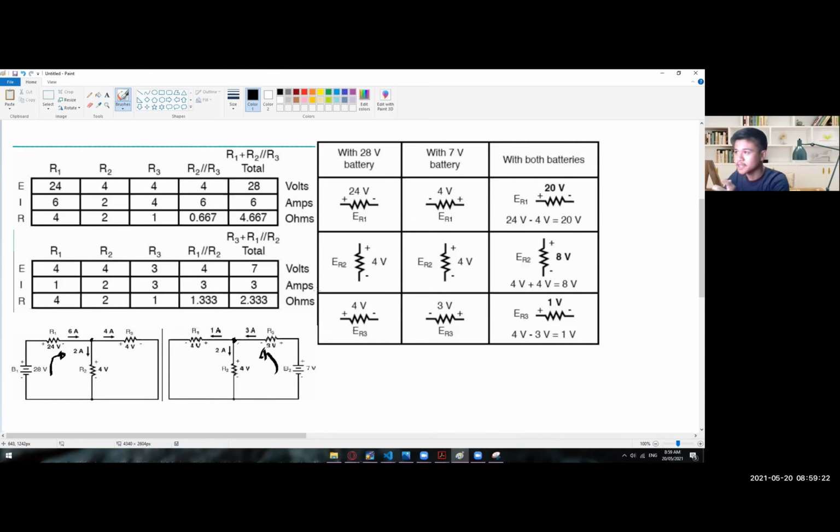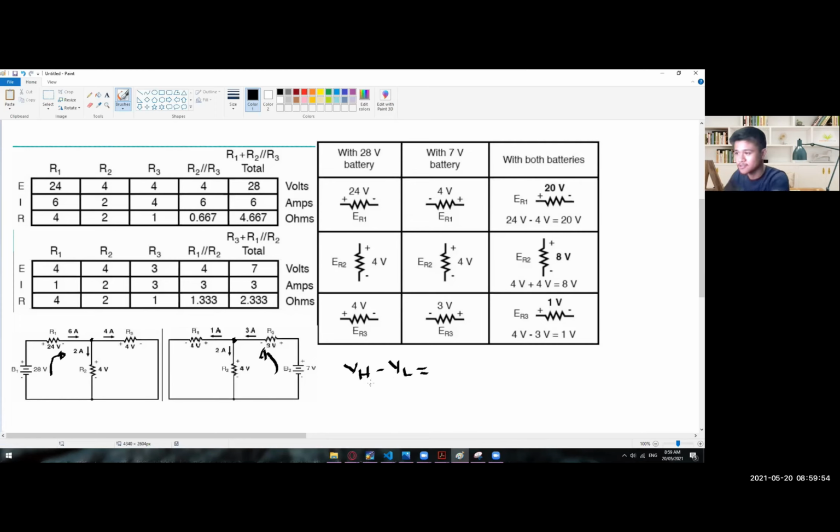If you compare it right here, we have positive 24 volts and then minus 4 volts. How did we know that it's 24 minus 4, and not 4 minus 24? One rule of thumb when it comes to voltages is that it's always the higher voltage minus the lower voltage, assuming that both of them have a positive polarity.